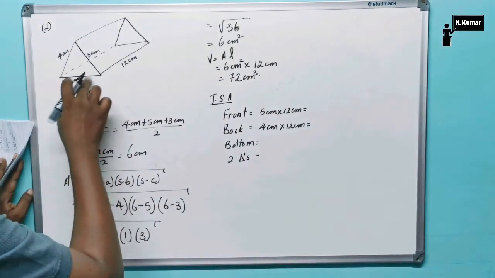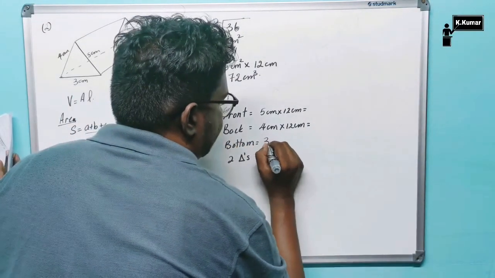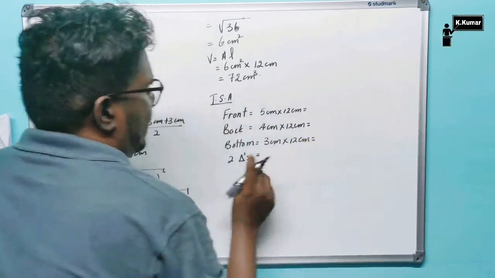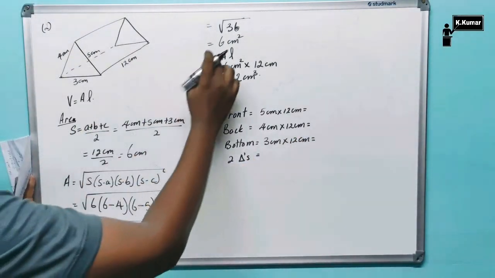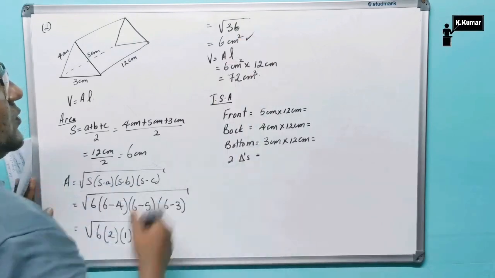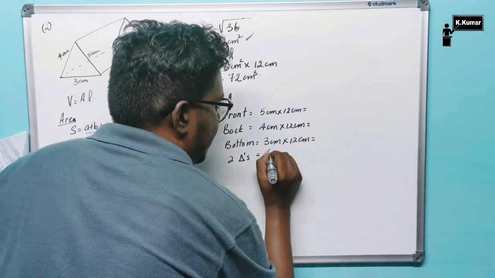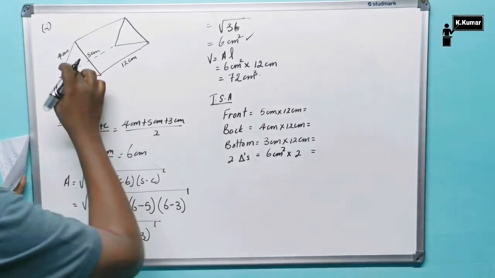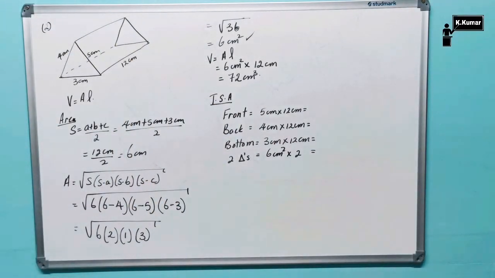And the bottom is going to be 3 times 12. And we found that the area for one of our triangles was 6 cm squared, so this is going to be 6 cm squared times 2, because we have one at the front and one at the back. So now let's find the total surface area.